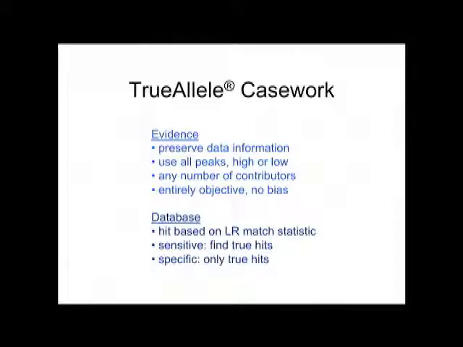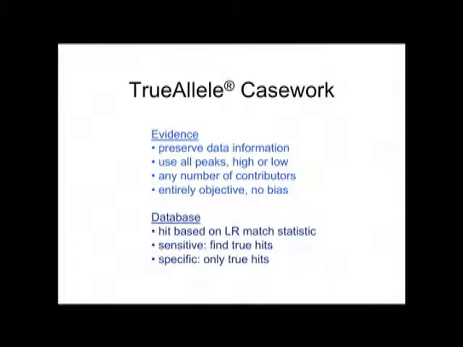A computer like TrueAllele that does genotype modeling, on the other hand, can make more use of the same evidence data. It can preserve more of the identification information that's in the data. It can use all the peaks, whether they're high or low, with any number of contributors, 3, 4, 5, 6, and so on.